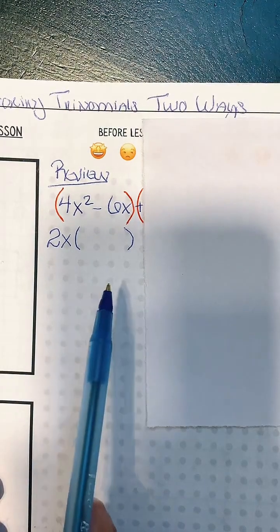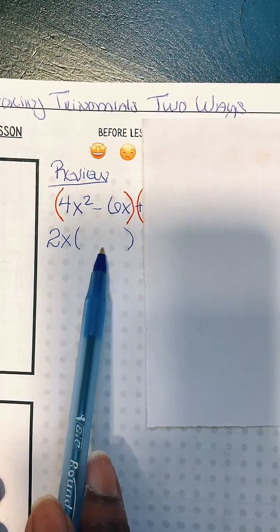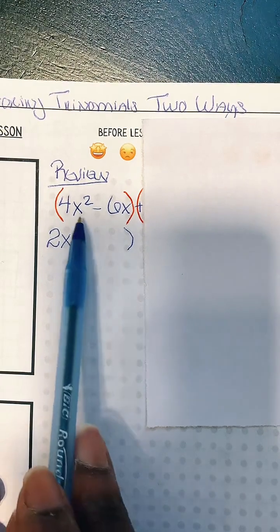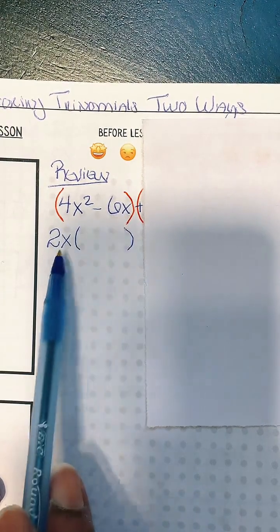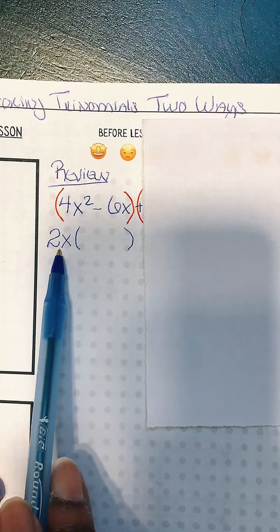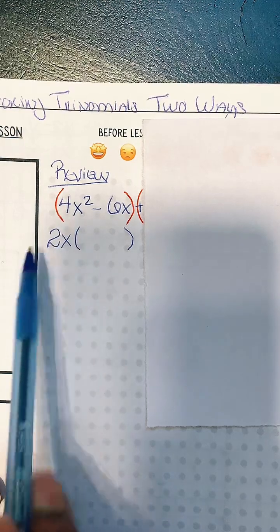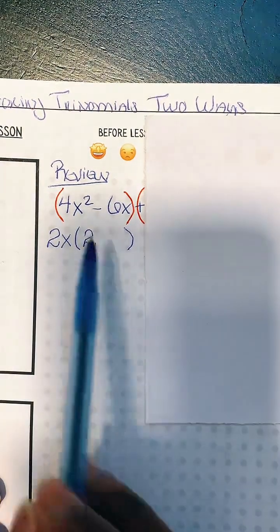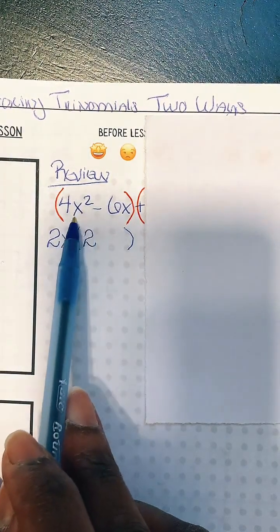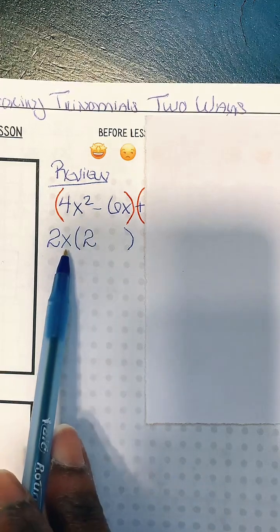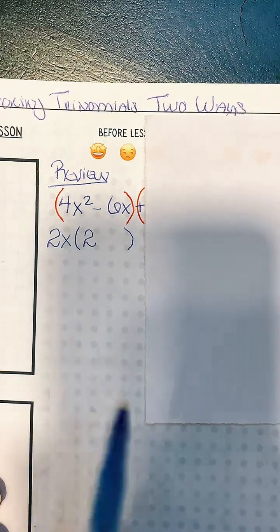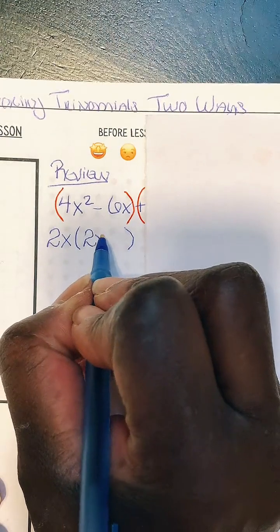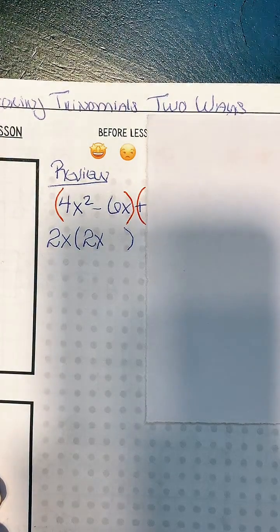To fill in what's inside the parenthesis, we divide our original by the GCF. So 4 divided by 2 gives me 2. We have 2 x's up here, and we take 1 x out, so we have 1 x left.